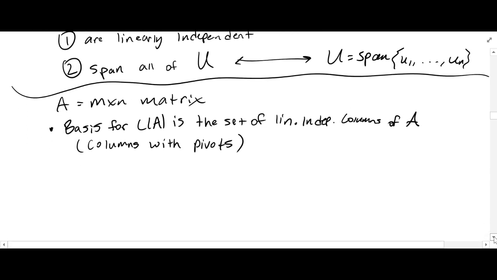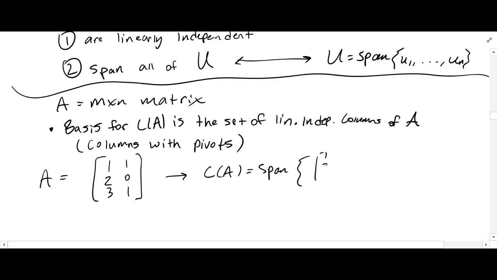So, is the basis for the column space of A just the column space of A? No. The column space of A is the span of the columns, the set of all linear combinations of the columns. But the basis is just a couple of the columns. So like if A is, like we did before, this kind of matrix, then the column space of A is the span of these two columns.